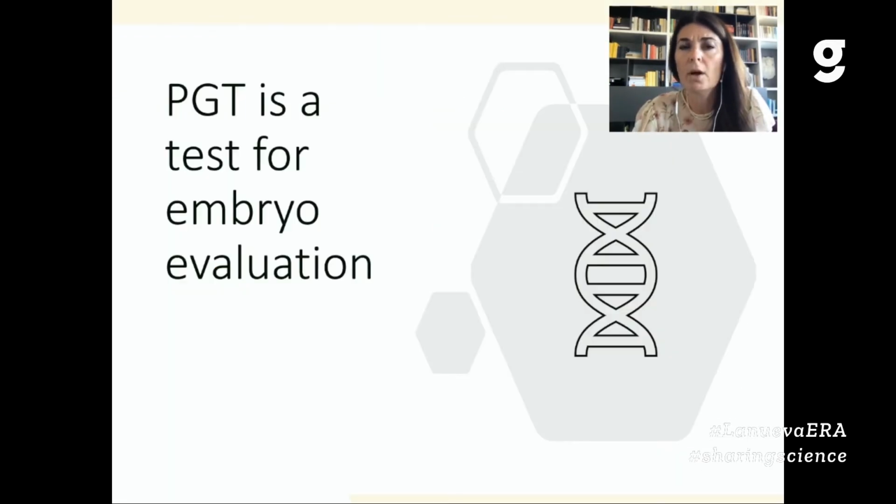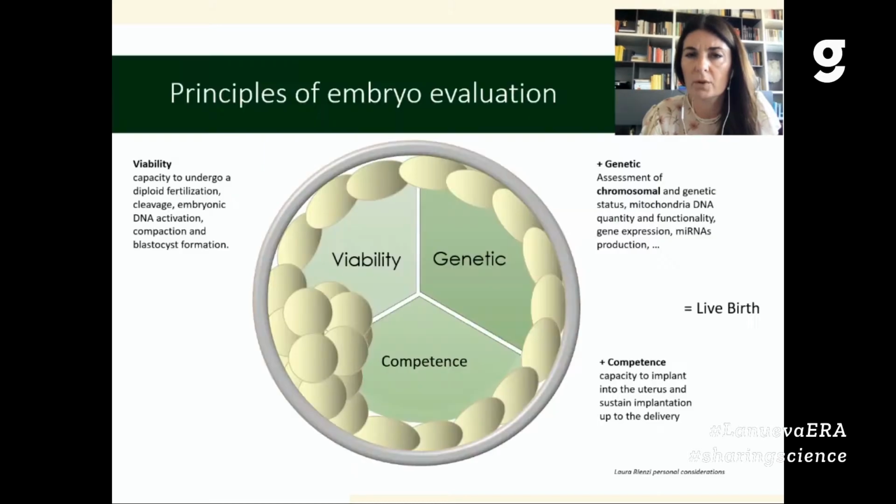So let's come back to PGT as a test to identify an unaffected embryo. It's one step in the embryo evaluation procedure, but embryo evaluation is not only for the chromosomes. Embryo evaluation starts with the viability evaluation.